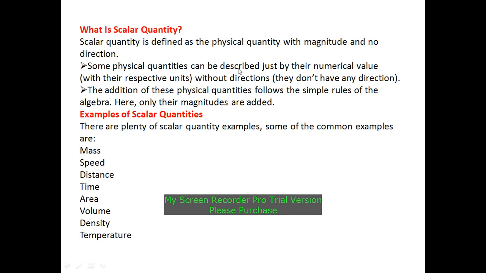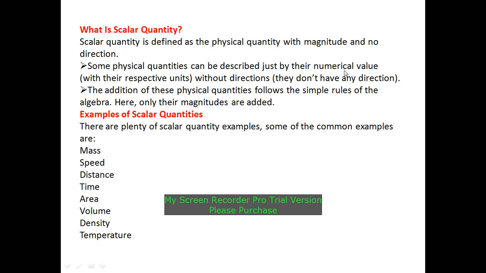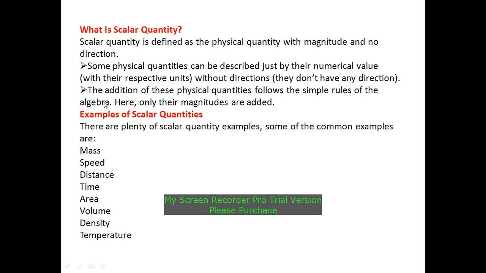Some physical quantities can be described just by their numerical values with their respective unit, without direction. Not only a numerical value, but a numerical value with its respective unit without direction is called a scalar quantity. The addition of these physical quantities follows the simple rules of algebra. Here only their magnitudes are added.